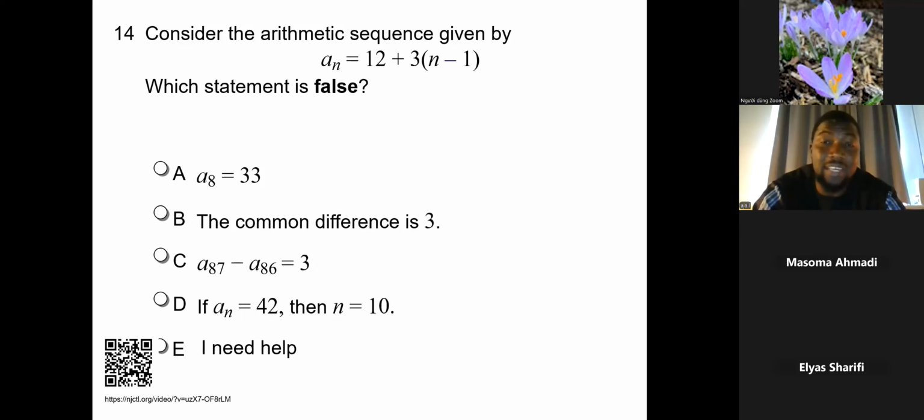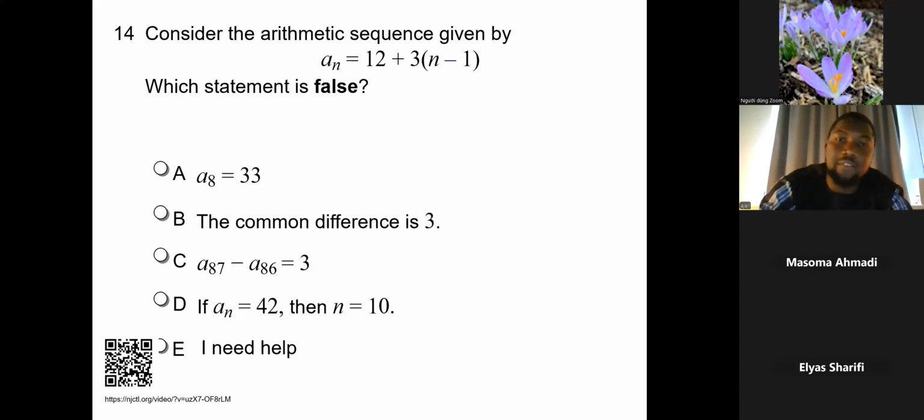If you look at the sequence, the first one, A8 is 33. Just put 8 in the place of n. So 8 minus 1, that is 7. 7 times 3, that becomes 27. So 27 plus 12. Hold on.